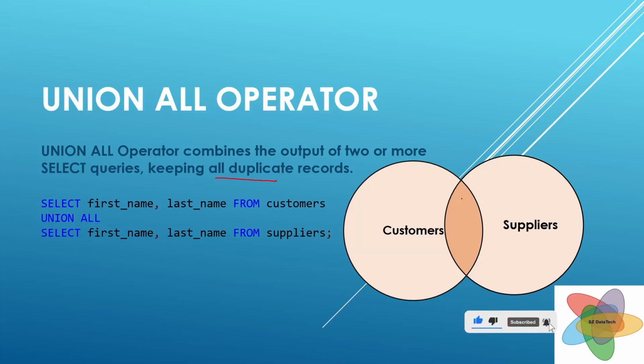So if we have customer A as well as supplier A, while combining these two result sets, it will keep these two records as they are. And that's the reason if we have customers A, B, C and suppliers P, Q, A, then in our result output we may have 6 records.